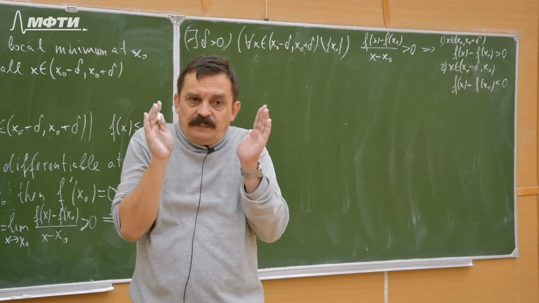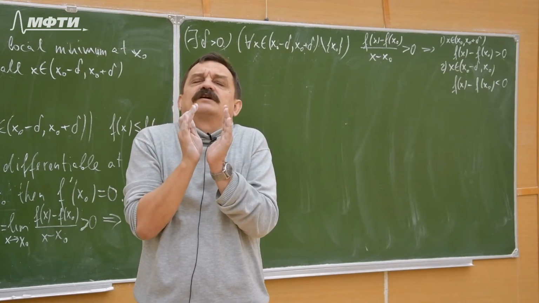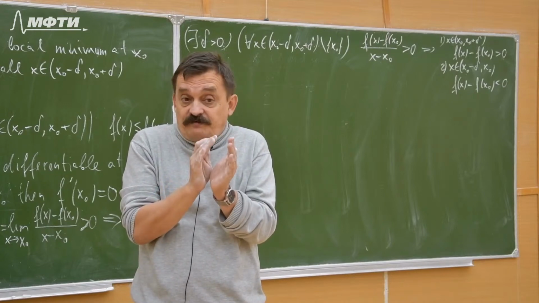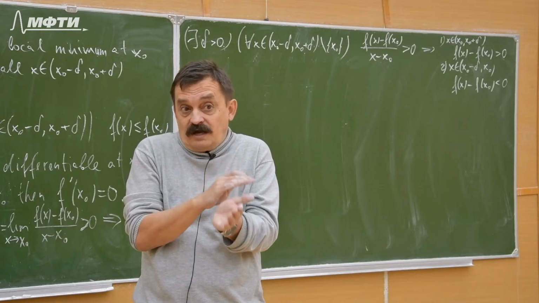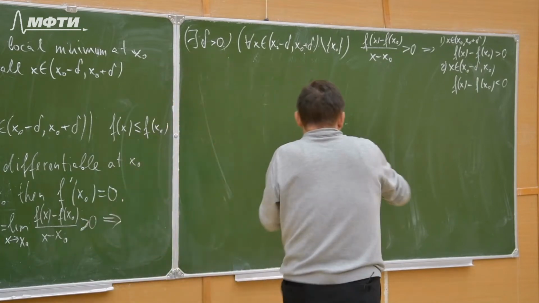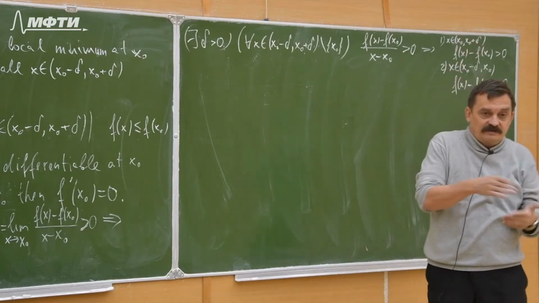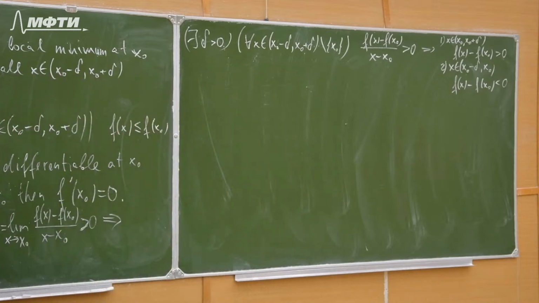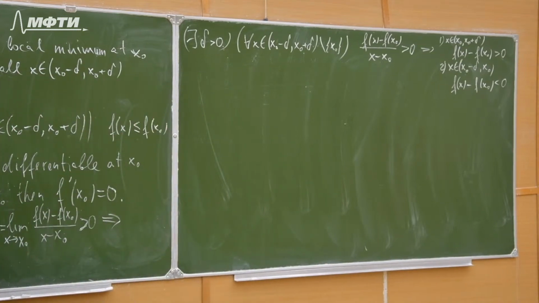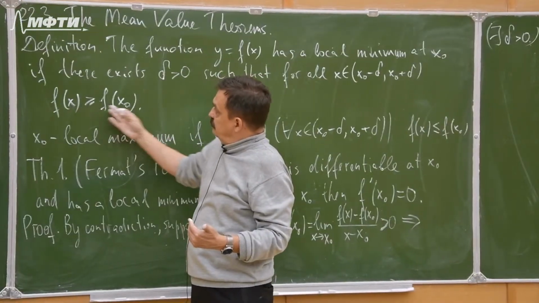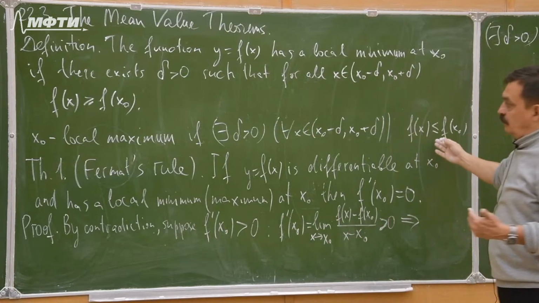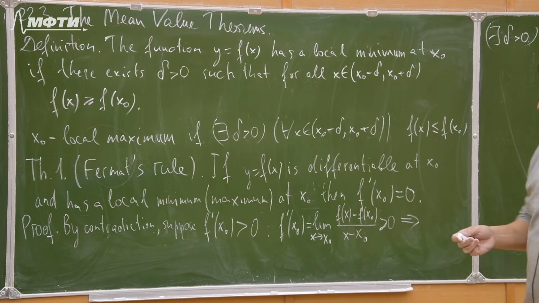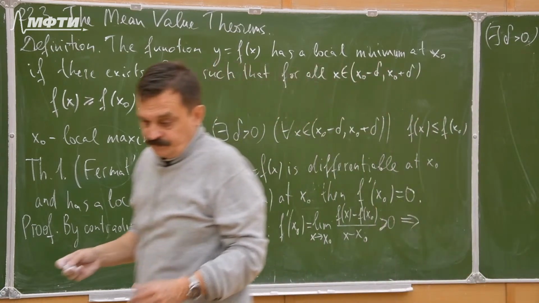It means that no matter which small neighborhood of x naught we consider, the values of the function f of x will be either greater to the right or smaller to the left than f of x naught. And it means that we cannot have at x naught either a minimum or a maximum. Contradiction. And the theorem is proved. Okay?